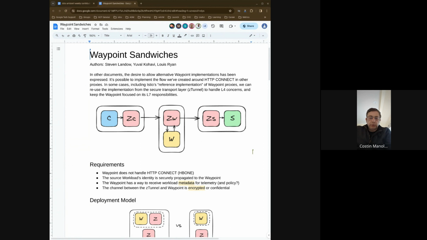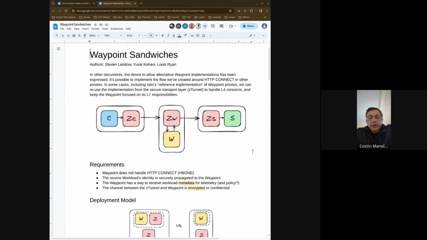I mean, if you have a multi-tenant gateway today, it has its own identity, its own mechanism to be verified either by CIDR range or its own identity, and you don't have to create multiple identities in the gateway. It's identified as a gateway itself, multi-tenant or not. So you have a policy that says W, or the identity W, is allowed to talk to all S's, or something along those lines.